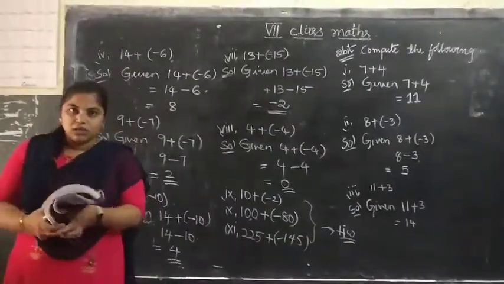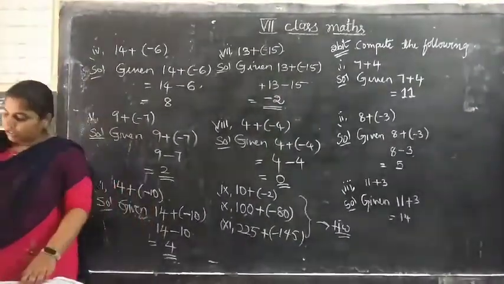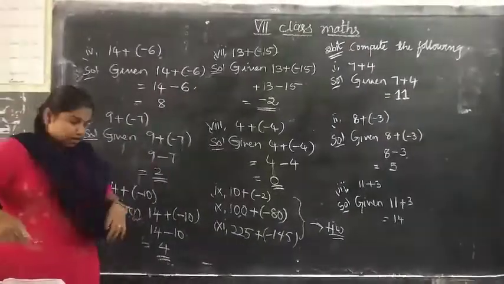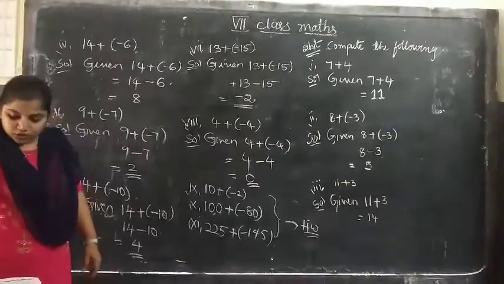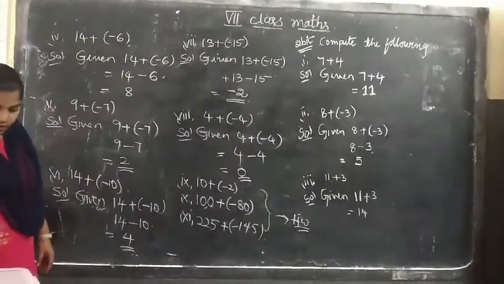Next is subtraction of integers. Already we learned how to do subtraction, the same how we will do the addition of integers. In the same way we have to do subtraction of integers also. Now exercise 3.